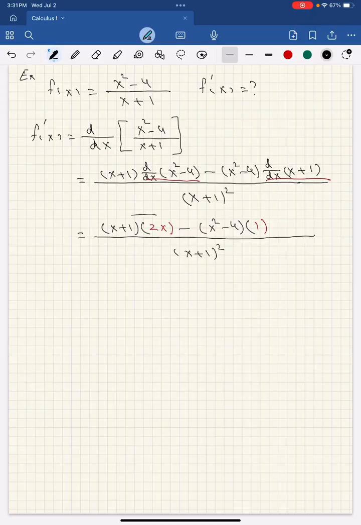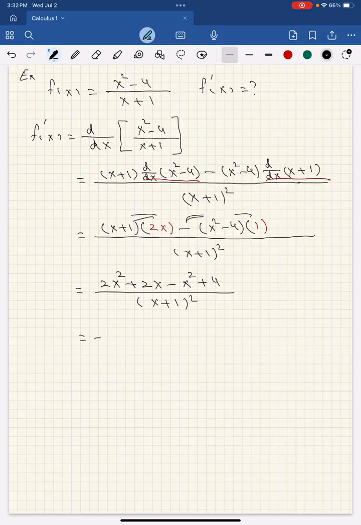Now distribute the top and simplify. 2x times x gives you 2x squared plus 2x minus x squared. Here distribute the negative also at the same time. Minus x squared plus 4 over x plus 1 squared.